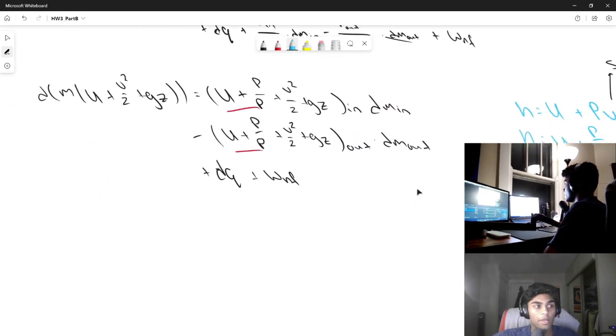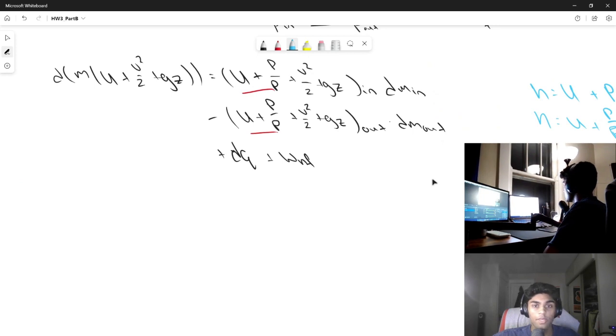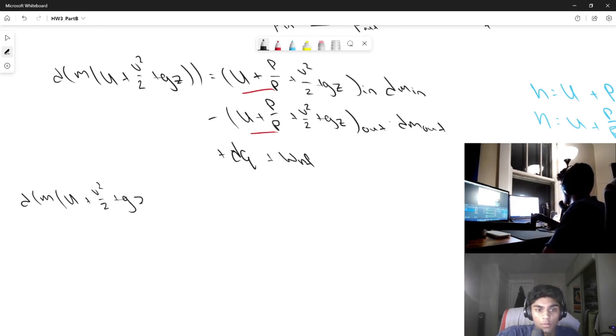And when we do that, the simplification becomes something a little bit like this, where we have dm, V squared over 2, gz equals, now we can replace this by h.